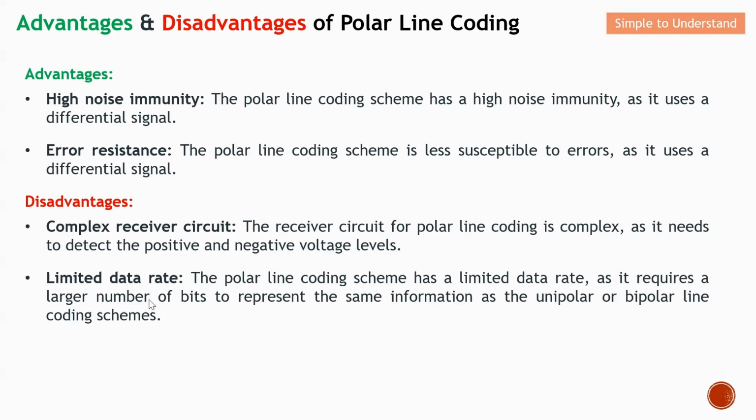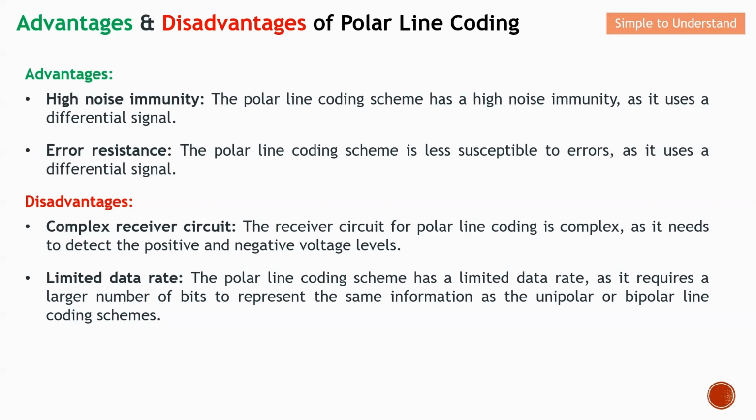Limited data rate. The polar line coding scheme in fact has a limited data rate as it requires a larger number of bits to represent the same information as the unipolar or bipolar line coding scheme. If you still remember, for polar, one bit is separated into two positions with a transition.